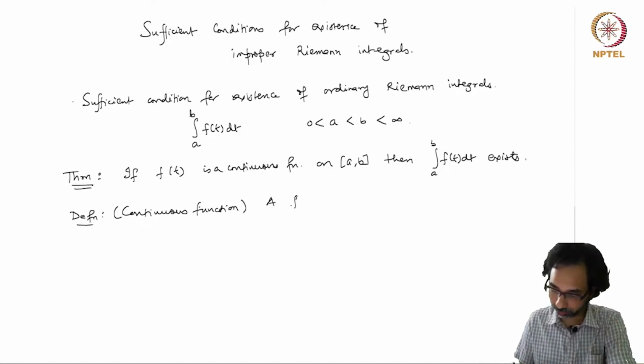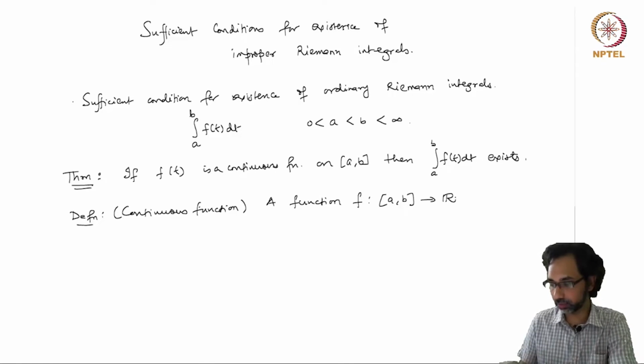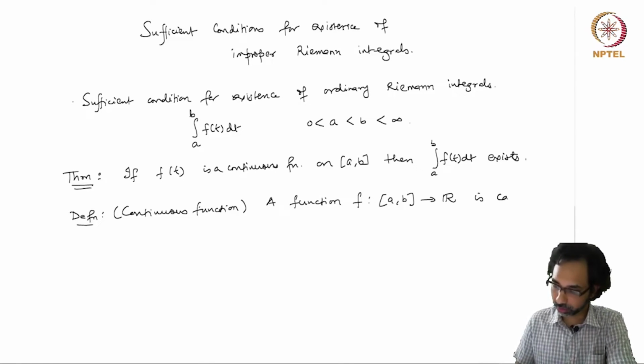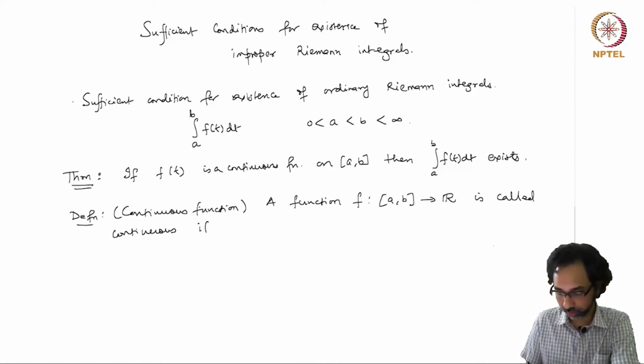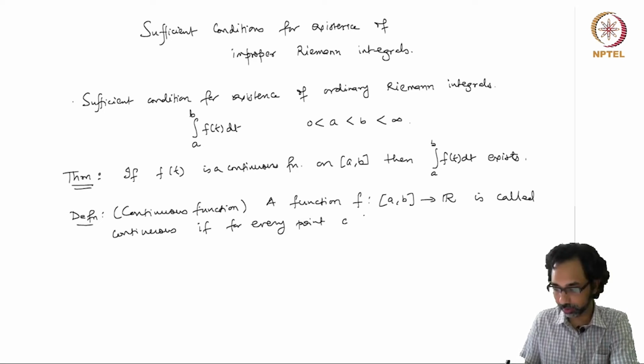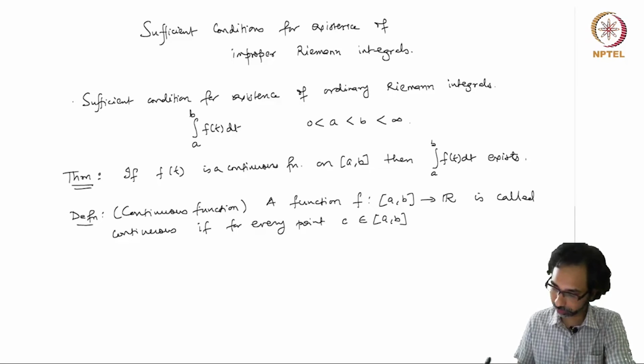A function f which takes real values is called continuous if for every point c in this interval [a, b].